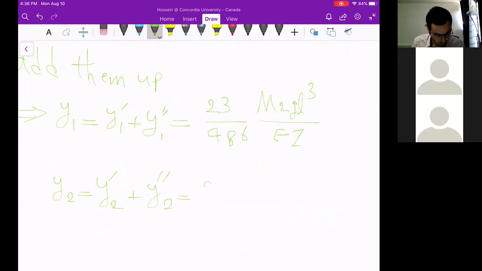It's going to be 22 divided by 486 M2GL cube over EI.